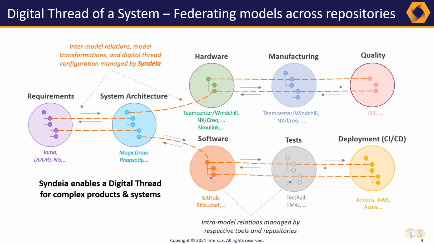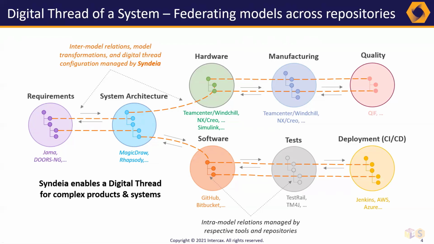So if you look at it, there are two types of relationships in a digital thread. One, which is the intra-model relationships that are residing within the elements in a single tool, like, for example, satisfy or verify relationships in a system architecture model in SysML, or BOM part relationships in a hardware model managed in a PLM system, and so on. And there's also the intermodal relationships that are crossing the boundaries of these tools, which is what we need to realize the digital thread.